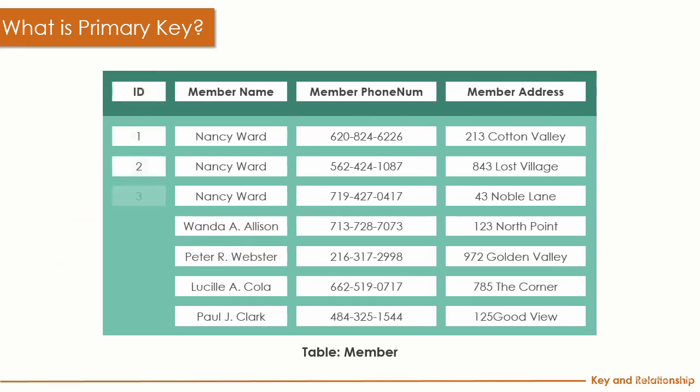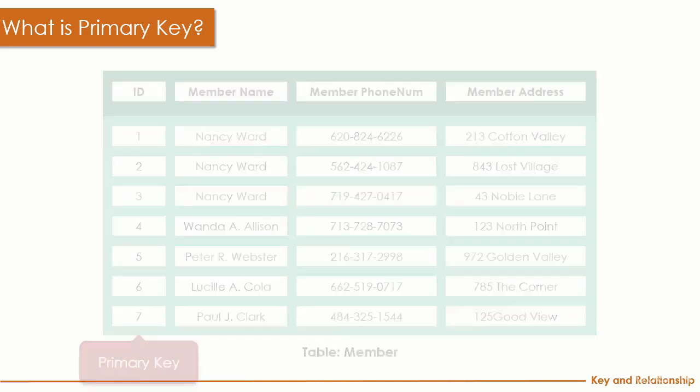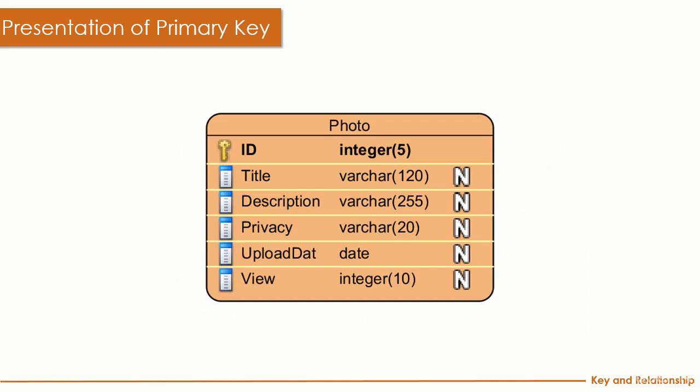In this case, we need to introduce another column called ID to identify which row of data you expect. So you can say, I want the phone number of ID number 2, something like that. The representation of the primary key is a key icon on the left-hand side of the column.